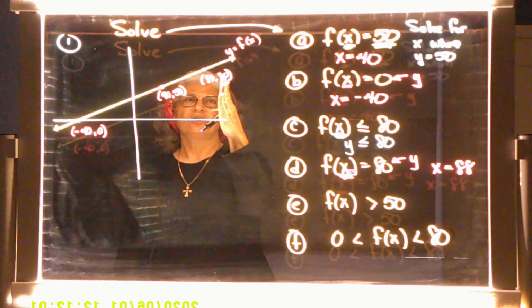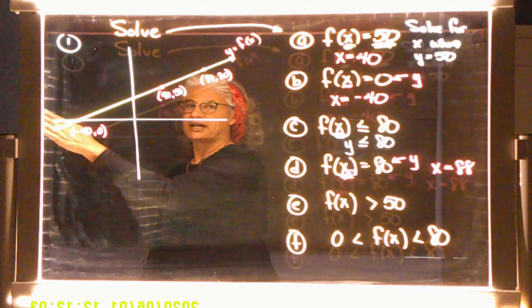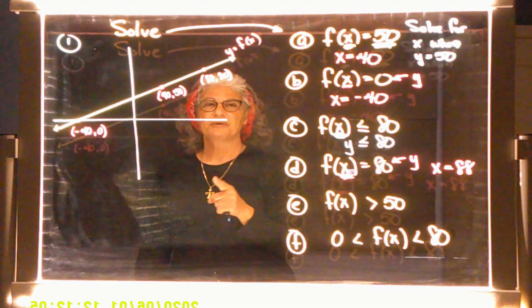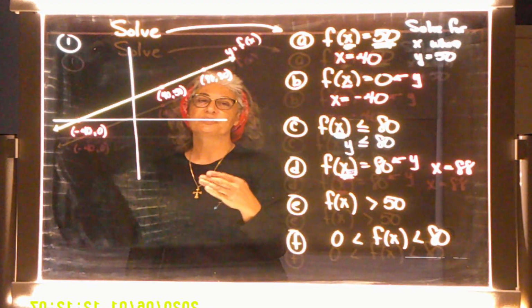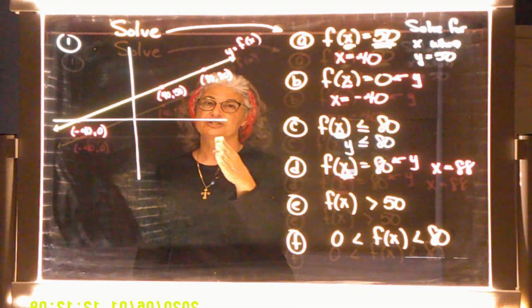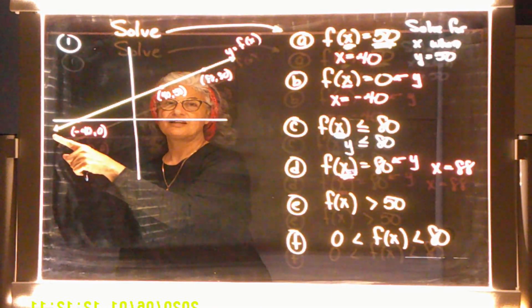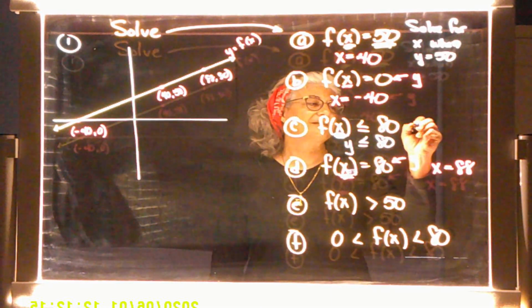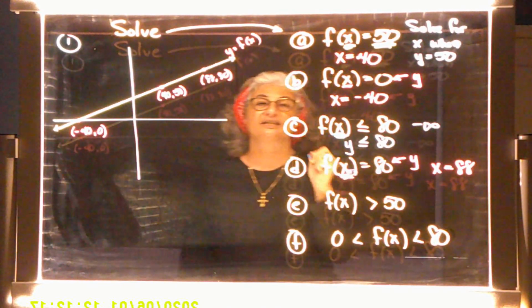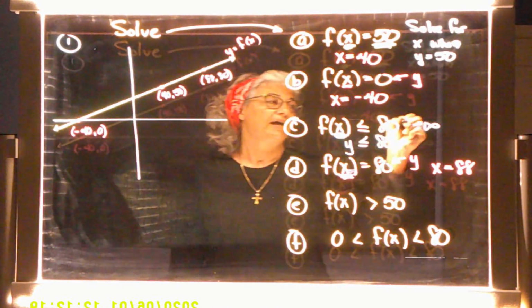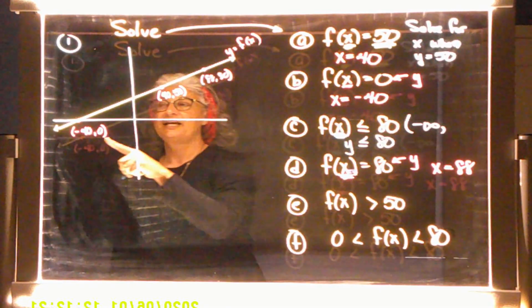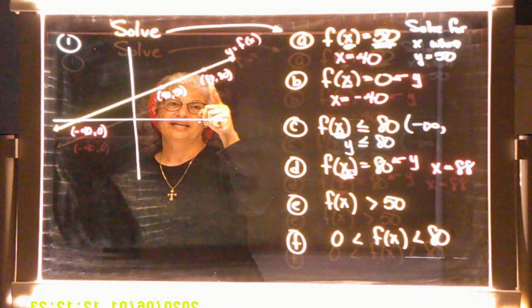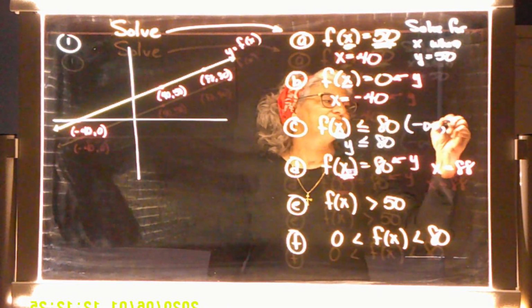Hopefully you're like, well, it's all the x's to the left. Good. But remember, when you write them, you always write them from the smallest to the largest. So since this line keeps going, because there's an arrow, that means my x's actually will start at negative infinity, won't they? And they will end at, that's right, 88.